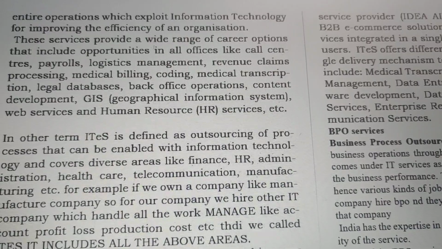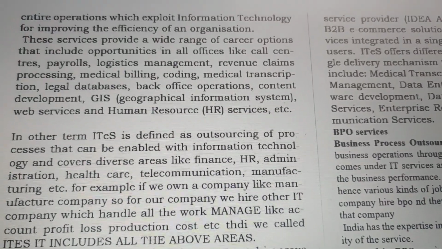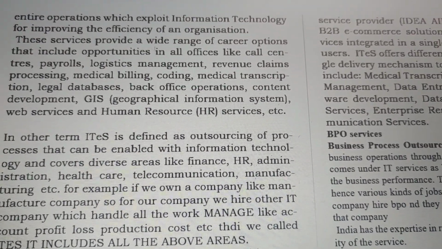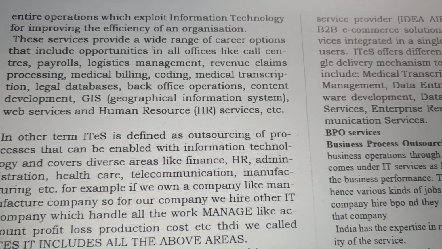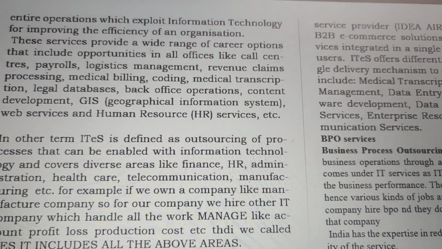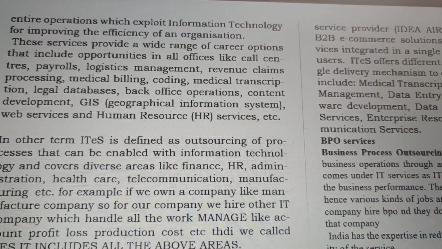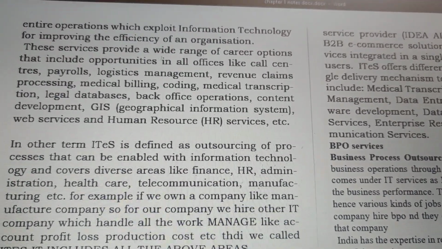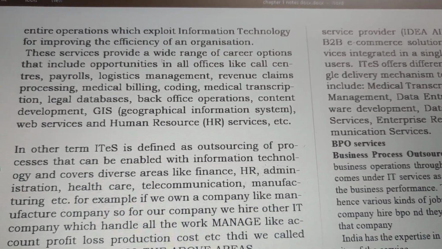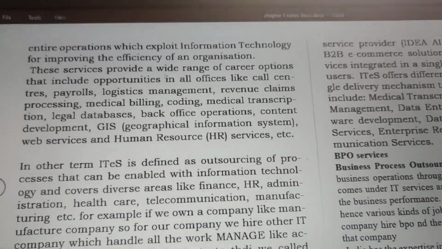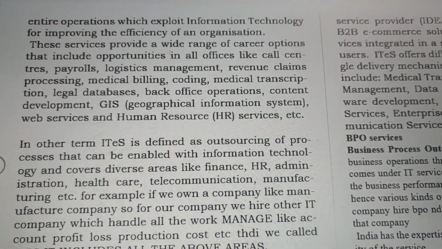Content development, you all know content development, the advertisement, the different content which we see. GIS stands for Geographical Information System, Web Service and Human Resource Services. So these are the services, these are the career options which you get in ITES.